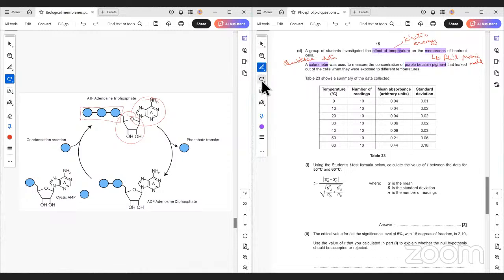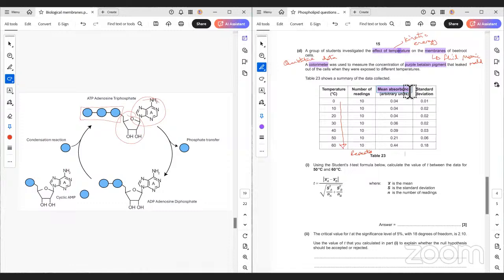They've then told me what the temperatures are. We can see that as we go down here, the temperature is increasing. They've taken 10 repeats, so the number of readings that they took was 10, and then they've told me there's a mean absorbance. Now they've asked me about that standard deviation.